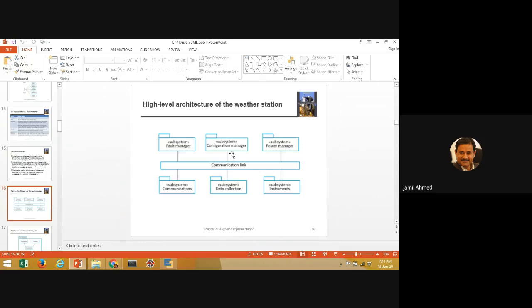It's a complete lecture we will discuss after a few weeks. So the power manager, same as the communications, data collection, and the instruments are there.